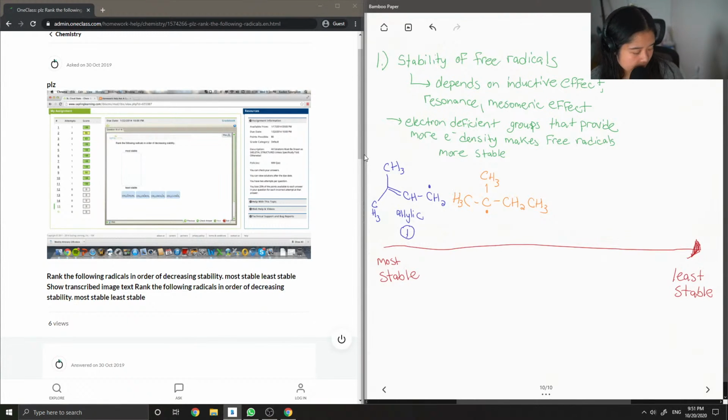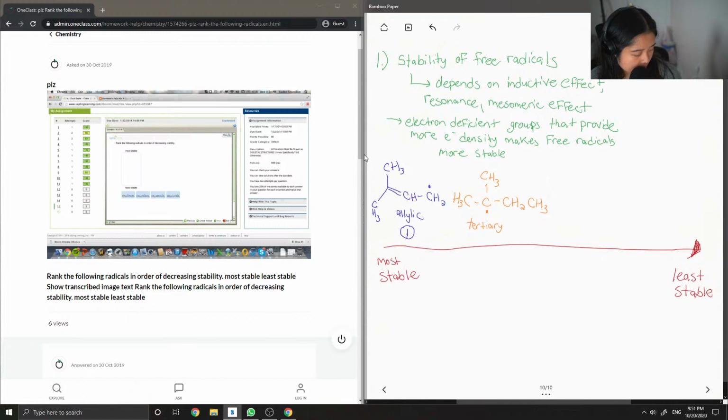Okay, so the radical is shown here. And a tertiary free radical is when the carbon that contains the radical is connected to 3 other carbons and no hydrogens.